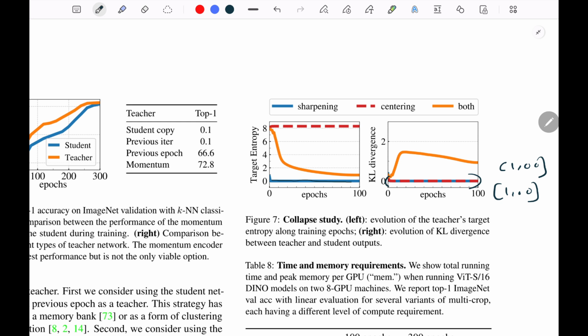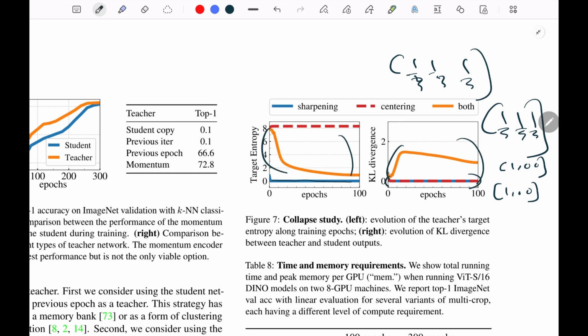I'm just showing three outputs here. And if you don't do centering, then the target entropy will be higher, but the KL divergence is also 0, and both are outputting the same output, 1 by 3 here. But when you use both of them, we get a proper entropy reduction on the target side, and the KL divergence is not 0 but decreasing. This means both are important, and when you use both of them, we get a meaningful representation.